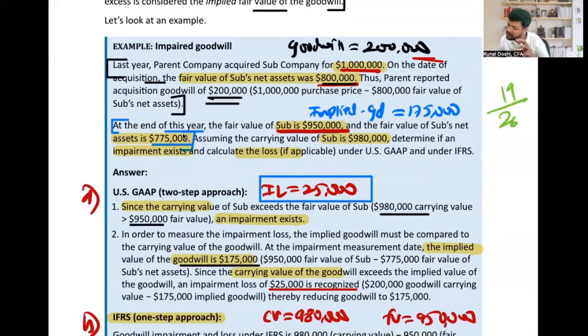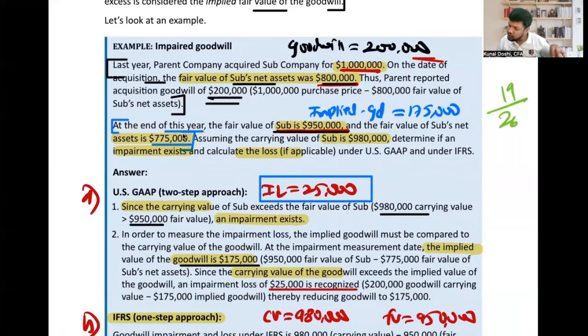Okay, so we were given the fair value on the acquisition date. The fair value was 950,000 and the fair value of net asset is 775. Okay. At the end of this year, the fair value of sub is 950,000, correct? And the fair value of the subs asset was last year. On the date of acquisition, the fair value of subs net asset was 800,000.